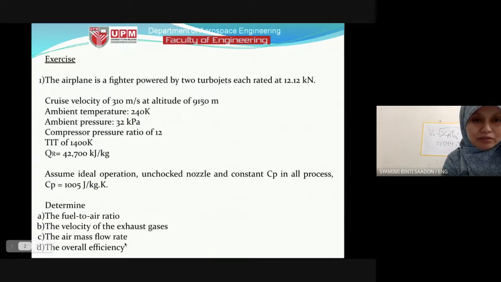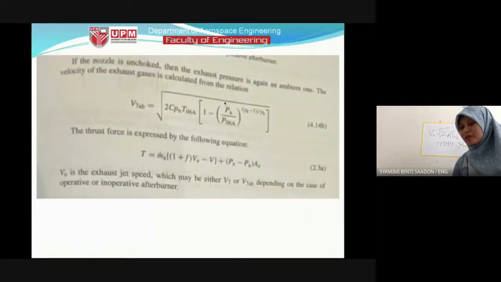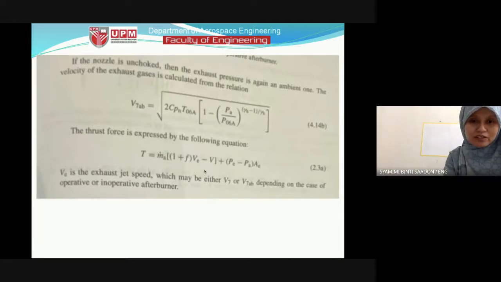So for air mass flow rate, we will use the thrust equation because we have the thrust value, 12.12 kilonewton. This is the thrust equation, without the pressure term, because pressure PE is equal to PA, unchoked nozzle.